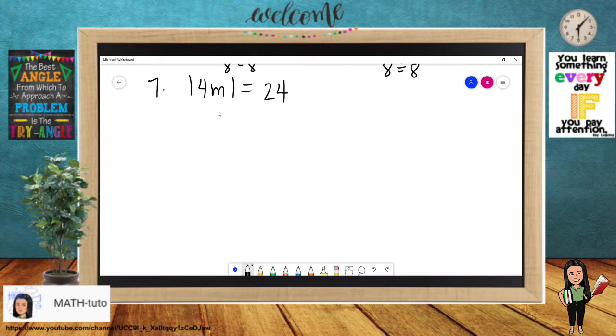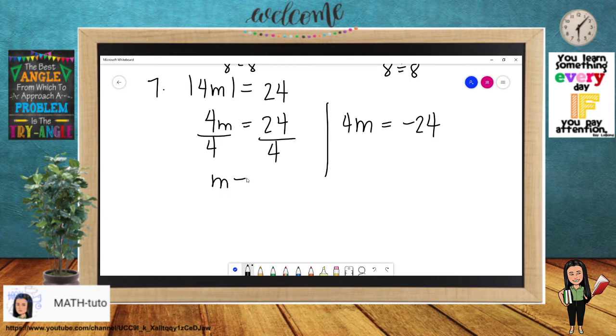So, again, absolute value, ibig sabihin yan, 4m is equal to 24 or 4m is equal to negative 24. We divide both sides by 4. Okay, m is equal to 6. And on this side, divide both sides by 4. M is equal to negative 6.